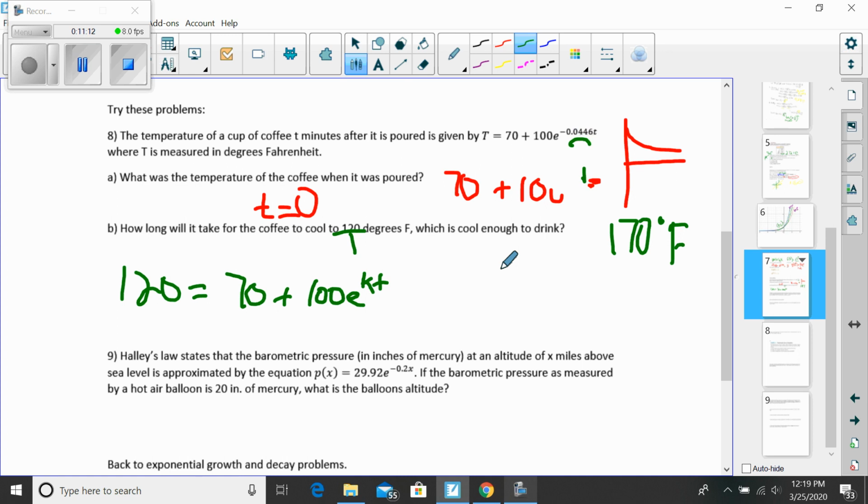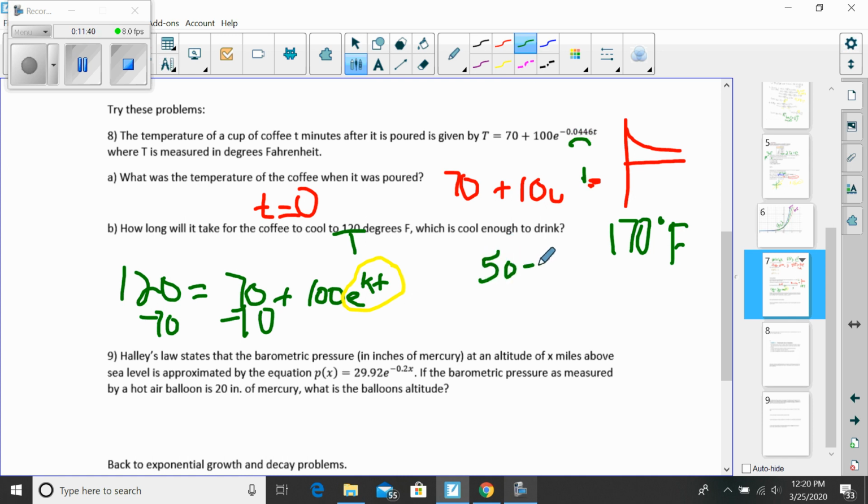So I need to solve for t, which means I want to get rid of this 70, so subtract 70 from both sides. The expression I'm trying to isolate is this expression. I need to isolate that. So I subtract 70 from both sides.